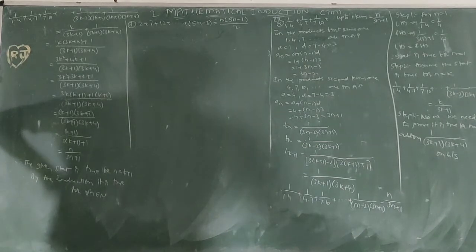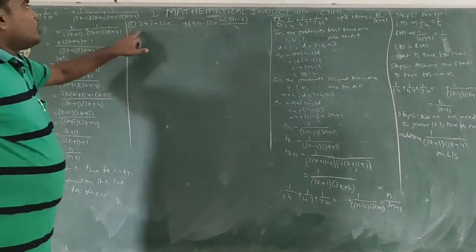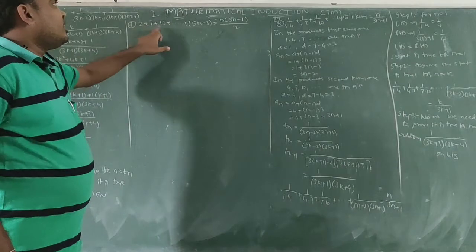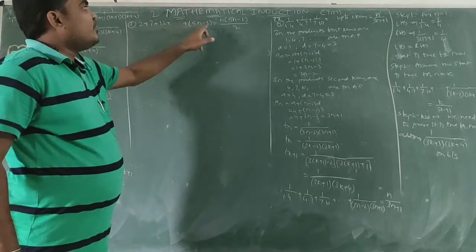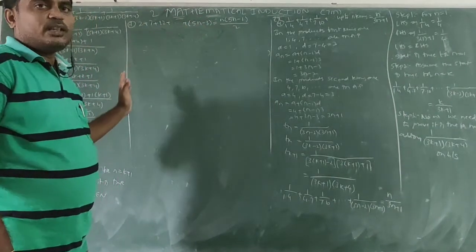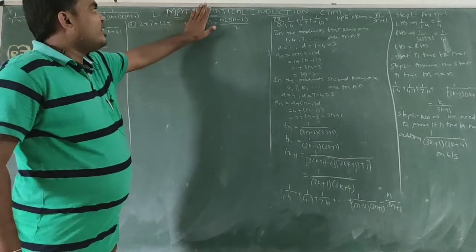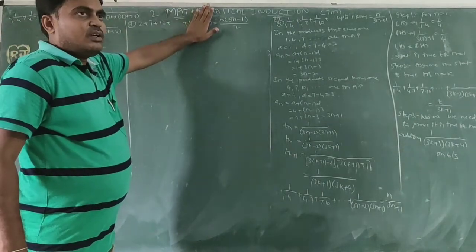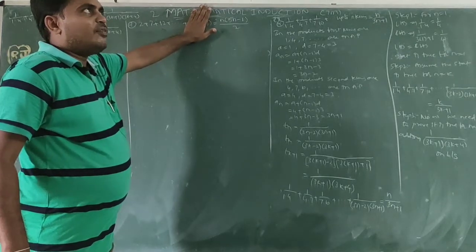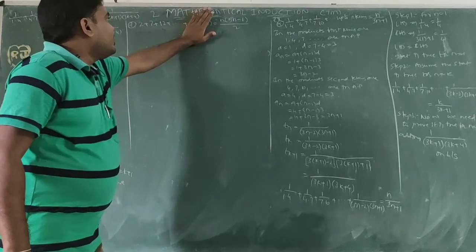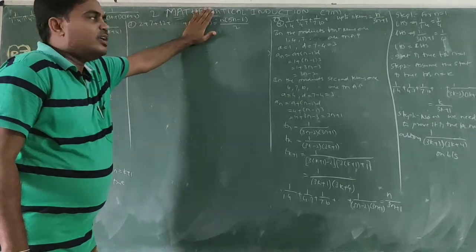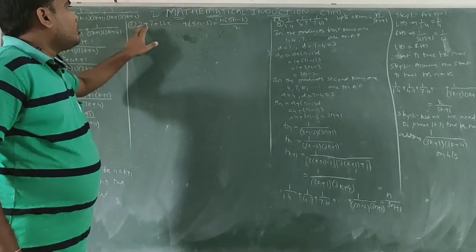If we observe this question, 2, 7, 12 is already an AP, and the nth term is already given, so no need to find the nth term. Here it is the nth term. If the nth term is not given, we need to find it with the help of the AN formula, a plus (n minus 1) d, where d equal to 5.